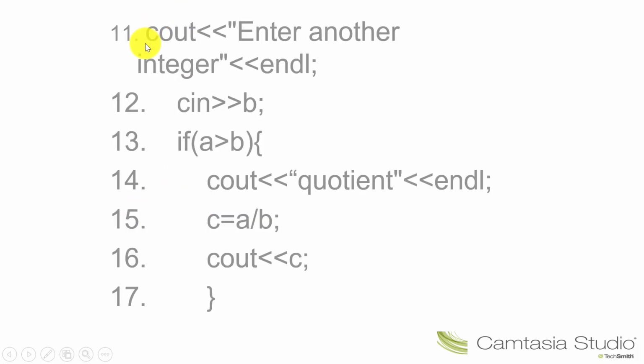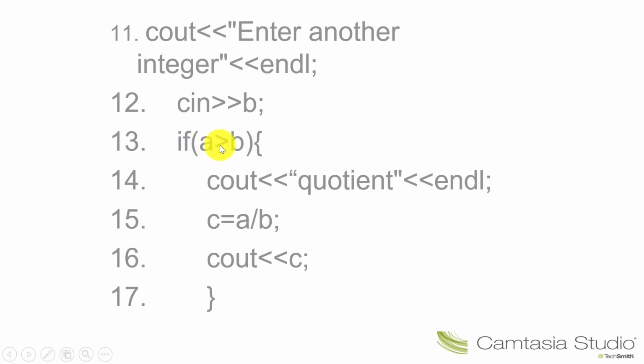Similarly, at line number 11, a message is sent to the screen, enter another integer, and a line feed is implemented. At this particular line number 12, variable B will receive data from the keyboard due to this input stream cin. Then at line number 13 now, a condition is set.